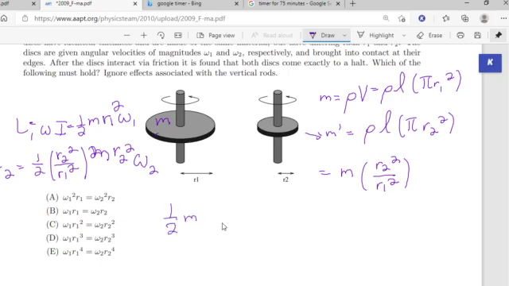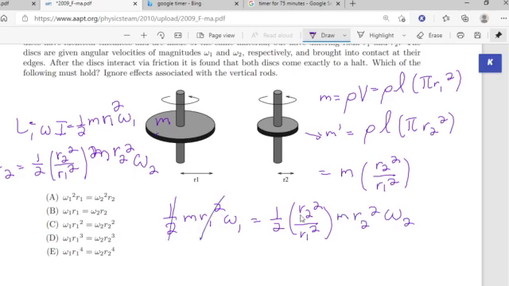So 1/2 m r1 squared omega 1 is equal to 1/2 r2 squared over r1 squared m r2 squared times omega 2. Okay, so first we can get rid of the 1/2s and then the m. Actually no, we can't get rid of r1 squared.